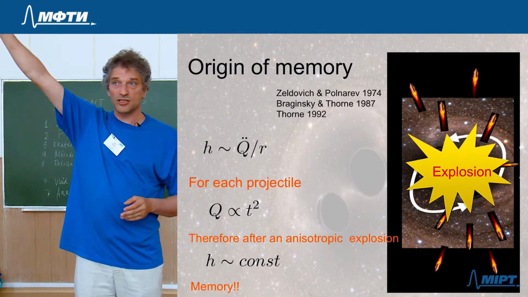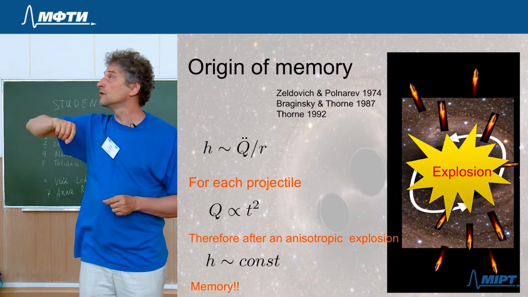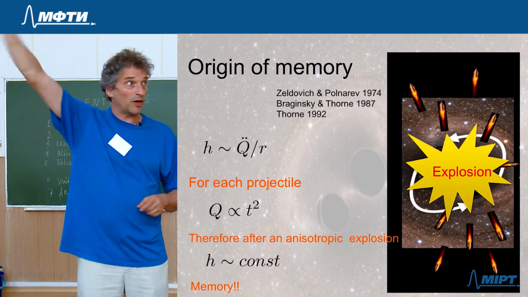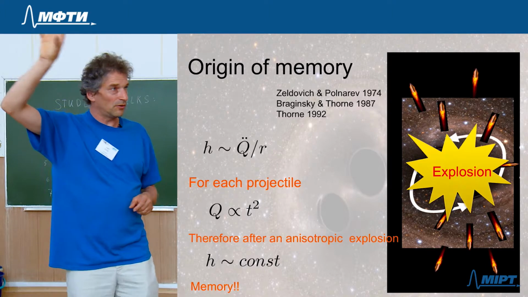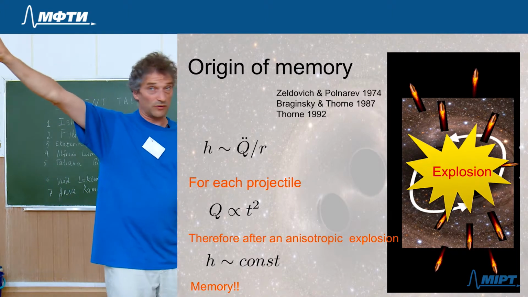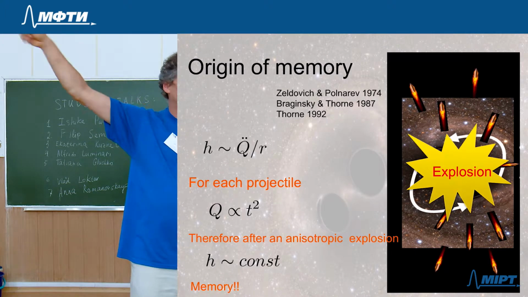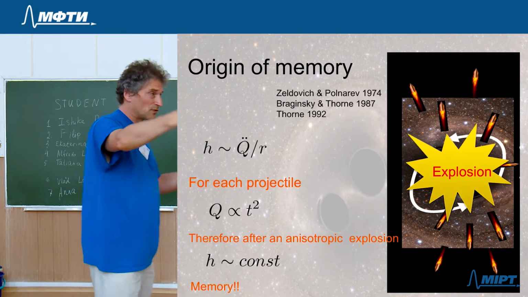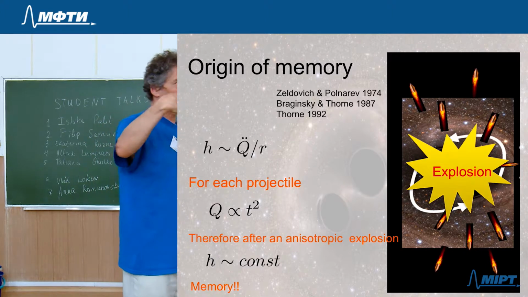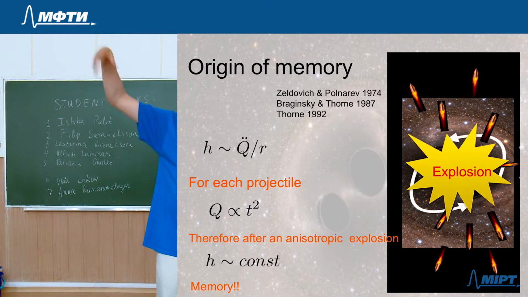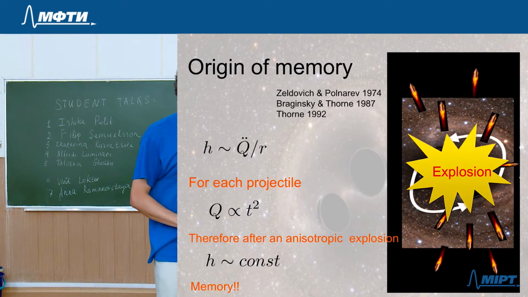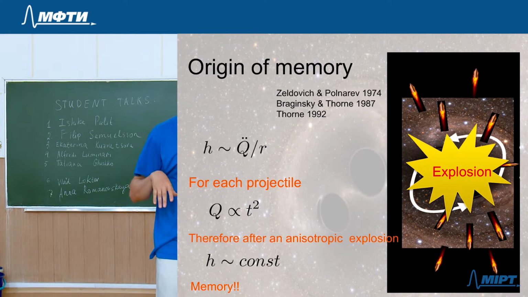Roughly speaking, to compute the strain of the gravitational wave, you have to take the quadrupole moment of the system that is producing gravitational waves, take a double derivative of the quadrupole moment, and divide by the distance. Okay, this gives you the strain of the gravitational wave. And I neglect all the G's and c's. I work in units where G and c are 1.